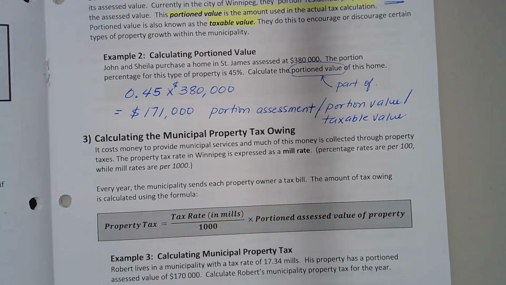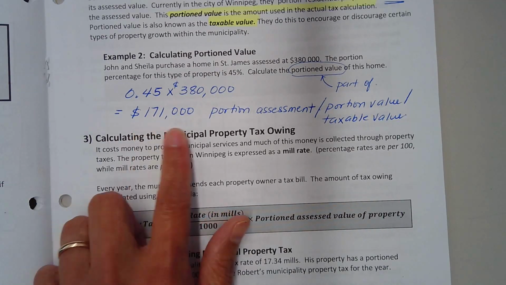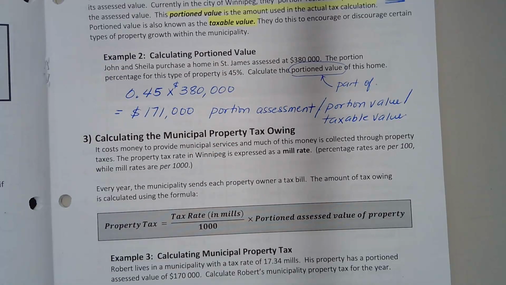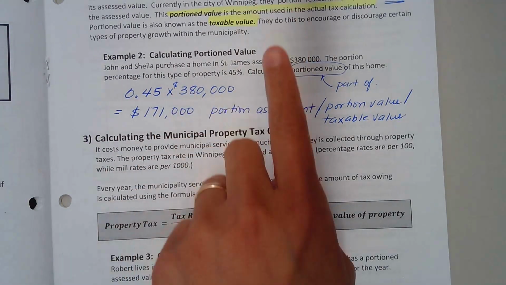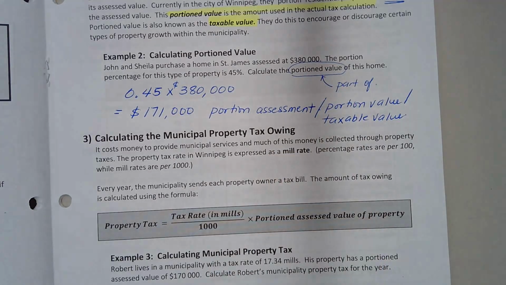Sometimes it's called portion assessment, portion value, or taxable value. Their taxes will be based on this amount, not the 380.